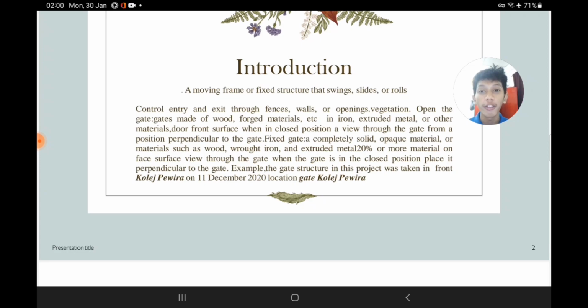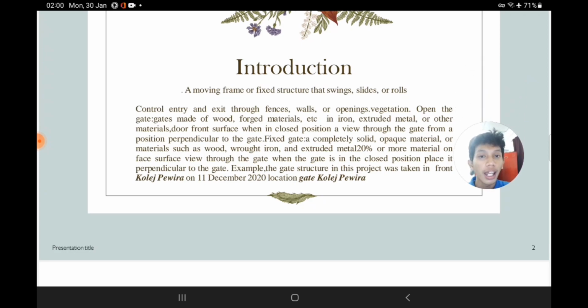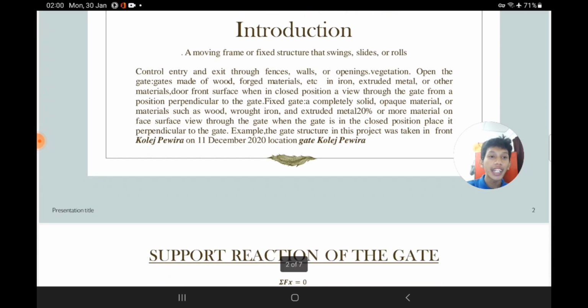A solid gate is completely opaque material such as wood, wrought iron, and extruded metal, with 20% or more material on the face surface when viewed through the gate in closed position and placed perpendicular to the gate. For example, the gate structure in this college was taken in front of College Poswira on 11 December 2022. Location: Gate College Poswira.